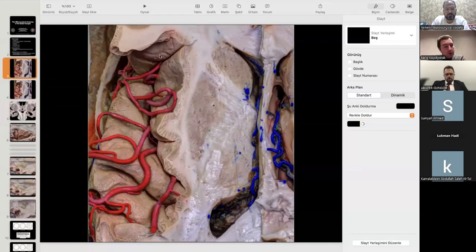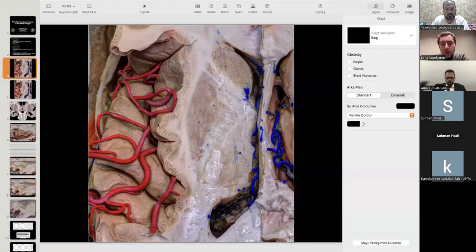As I said, the term central core involves the structures between this left insular cortex and the ventricle. So in between them, there is basal ganglia and also some association fibers.